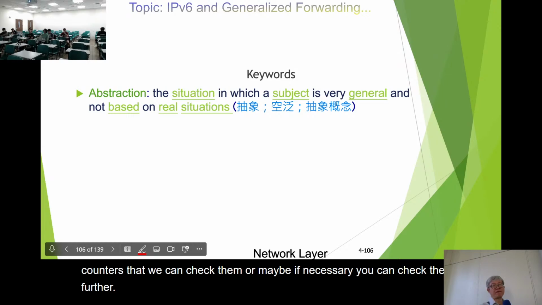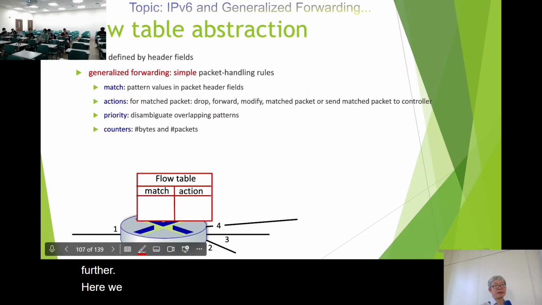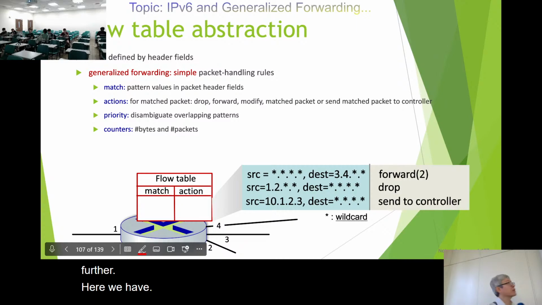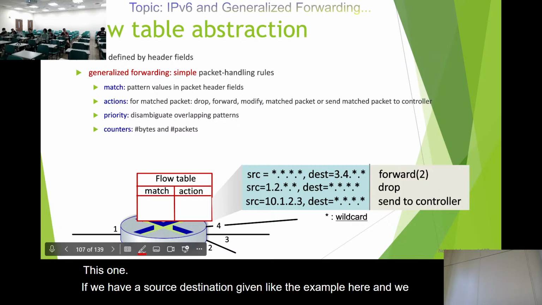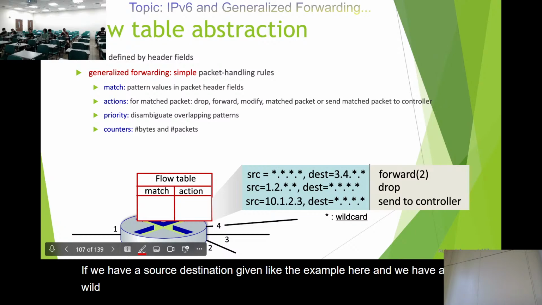Here we have this one. If we have source and destination given like the example here, and we have a wildcard. Wildcard means any value will be accepted.